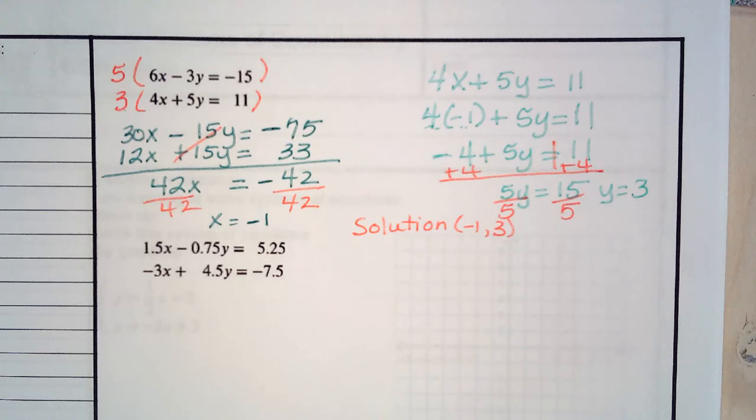So if I do the coefficients of y, it's not very pretty. But if I do the coefficients of x, I know that 1.5 times 2 is equal to 3.